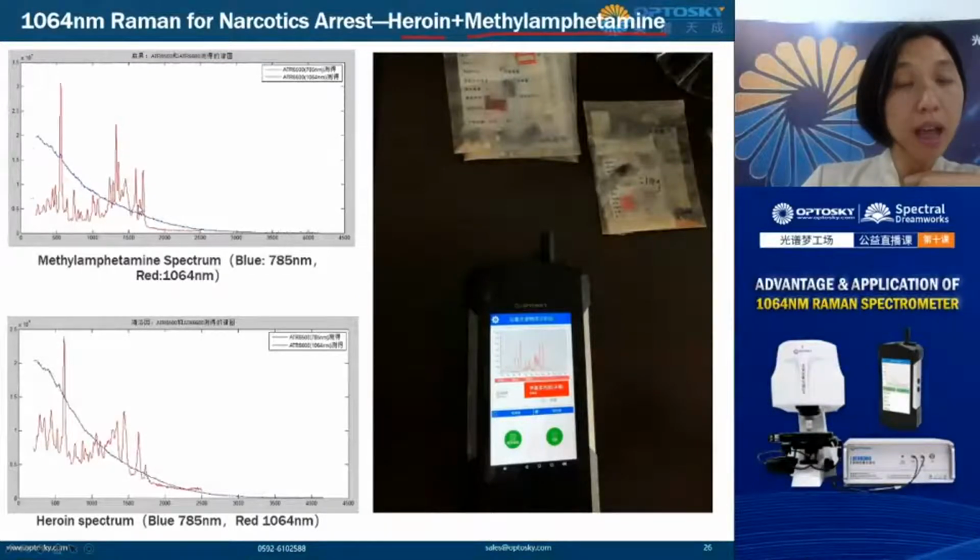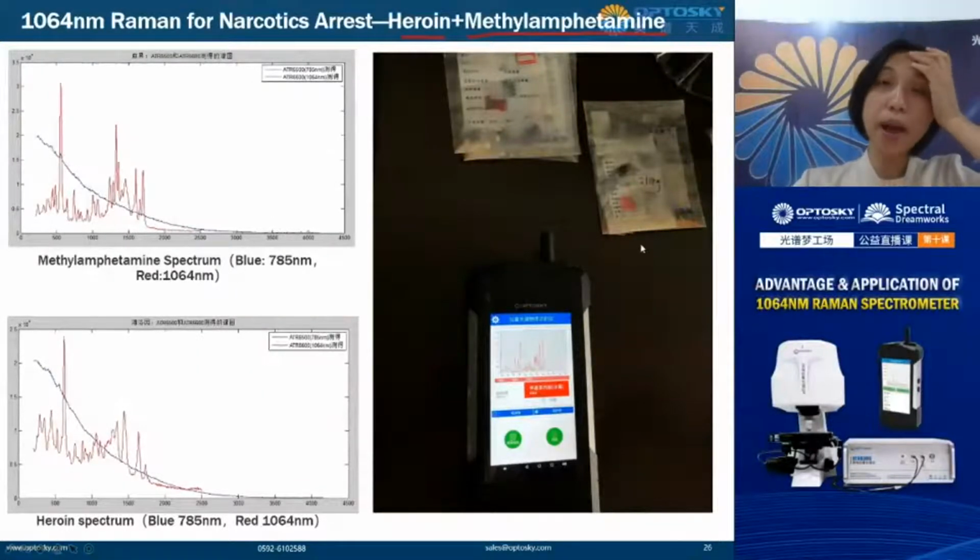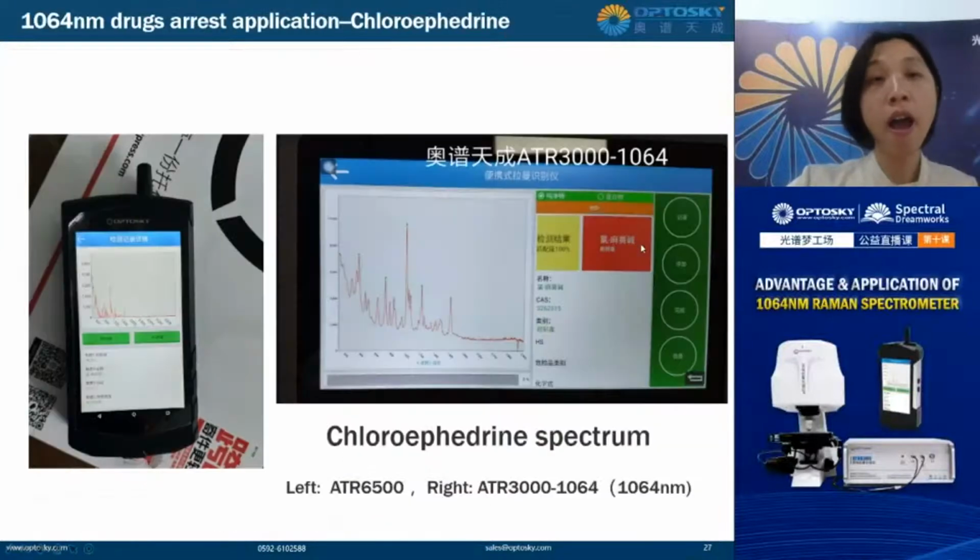Raman signals cannot appear, but if you use 1064 nanometers Raman, the Raman signal is very vivid and distinct. At least one is heroin. So this is the ATR 6600, used in the field by police to identify heroin and fentanyl.